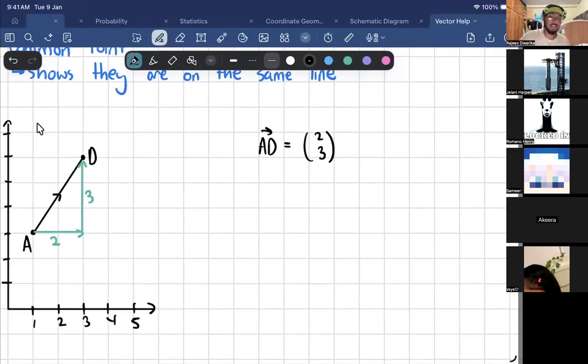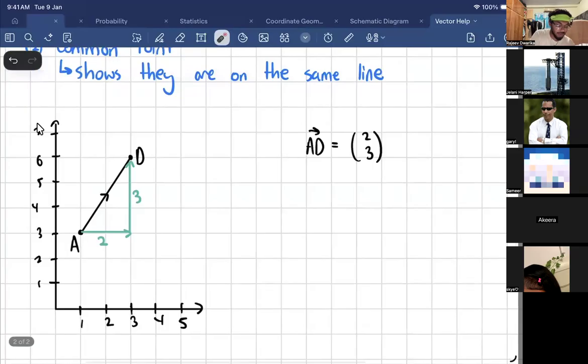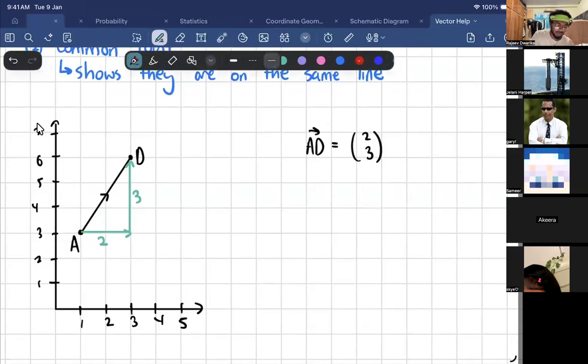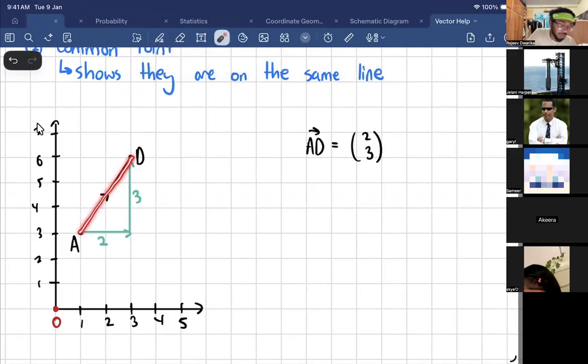Would I say that AD is a position vector or a displacement vector? Displacement. Exactly. Does this start at the origin? The origin is over here, 0, 0. Does this vector start at the origin? No, it doesn't.